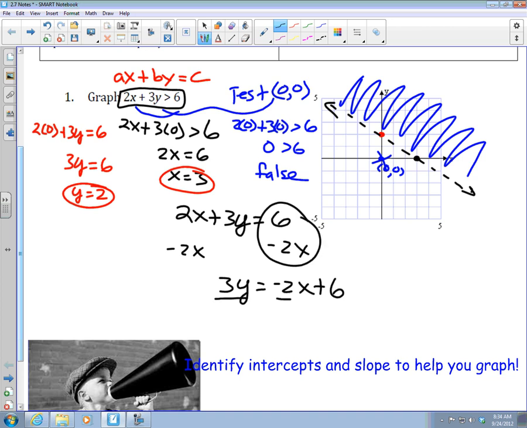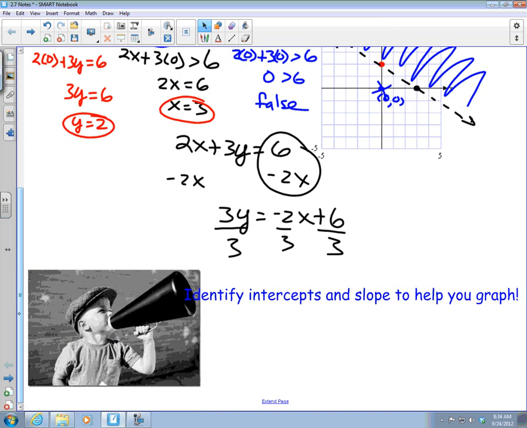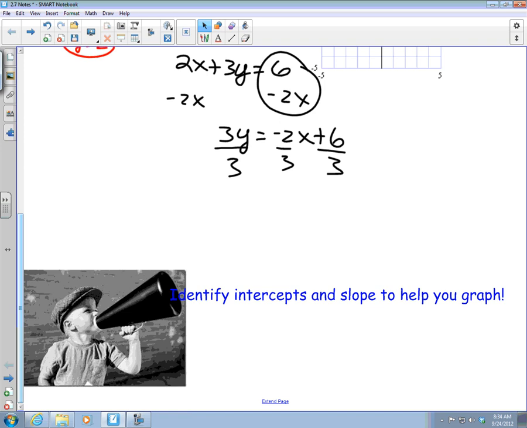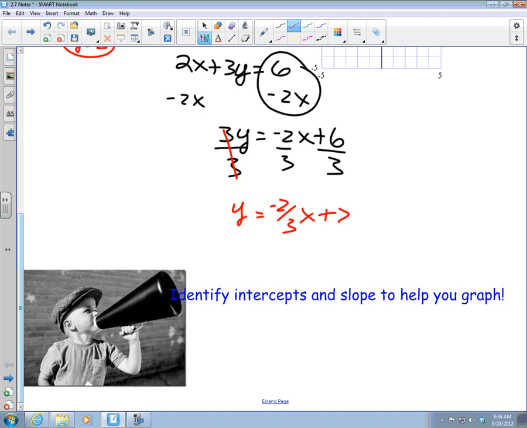And then finally divide everything by 3. I get y equals negative 2/3 x plus 2. Here's my y-intercept again, but there's my slope, negative 2/3. Need to be able to find slope. And you could graph it this way also if you wanted to in slope-intercept form.